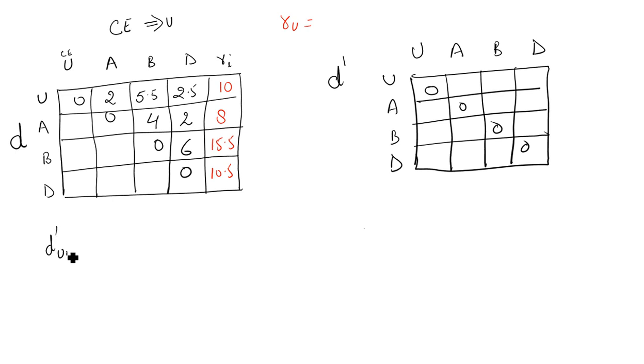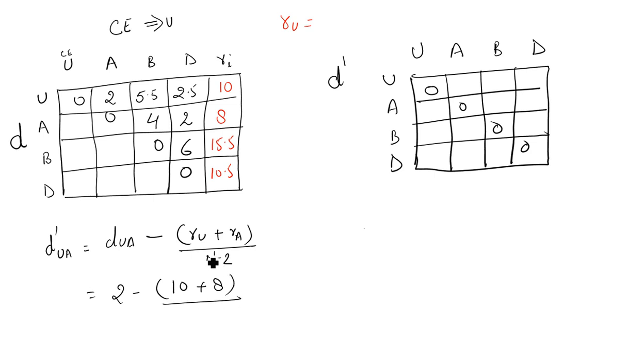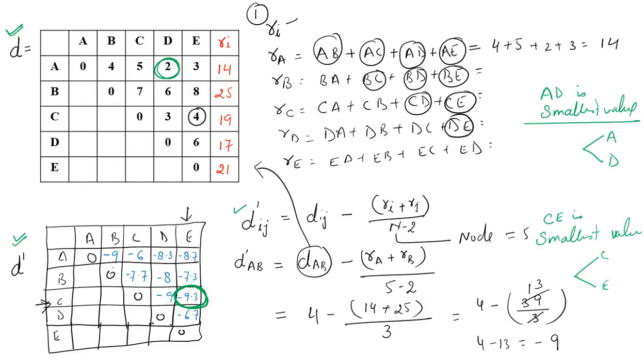So D dash UA equals, again the formula is same, DUA minus RU plus RA divided by N minus 2. DUA we have seen here, it's 2, minus RU is 10 plus RA is 8. Now the N value has changed. It is not fixed throughout the numerical.